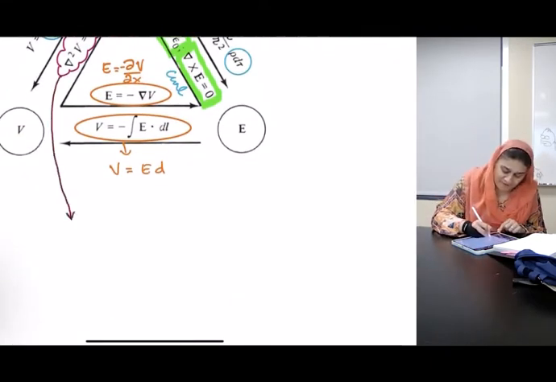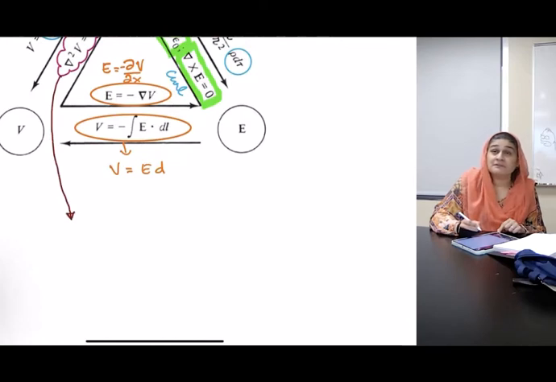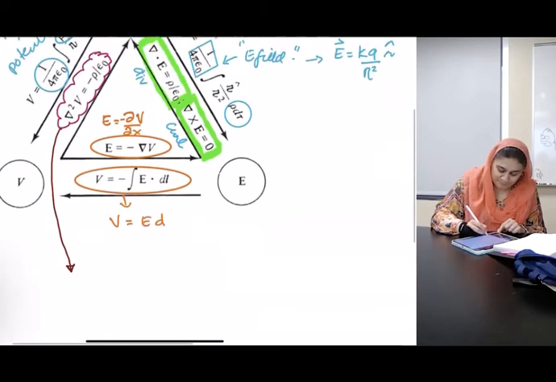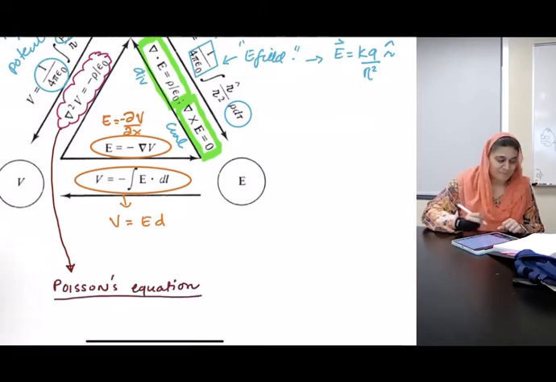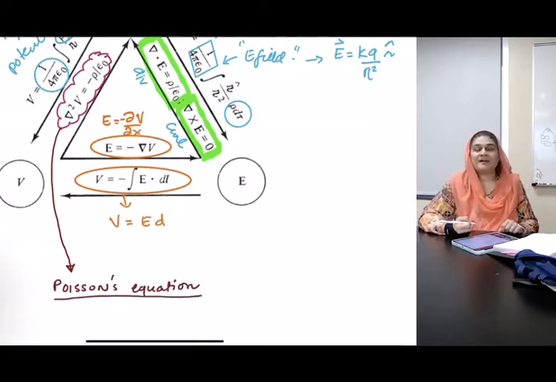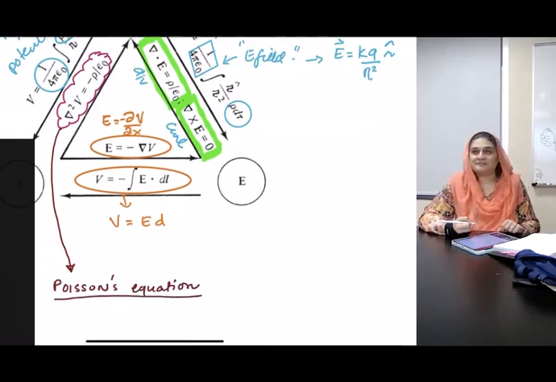Can I just draw it here? Okay, that one is called the Poisson equation. Thank you. And how do I get to it?